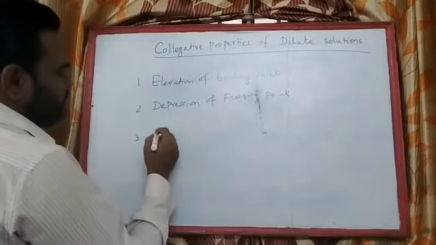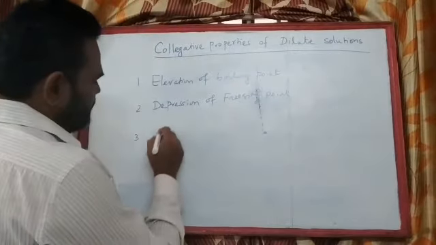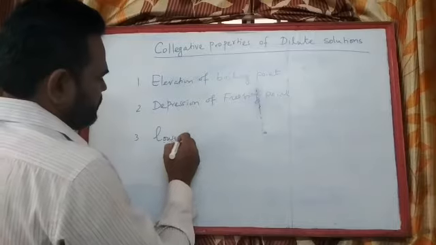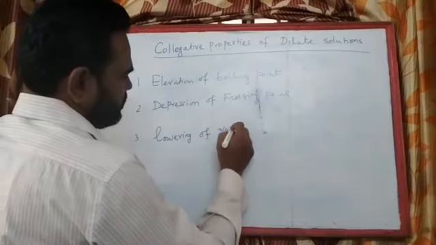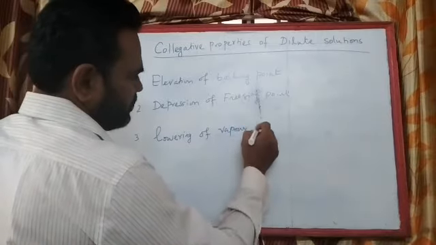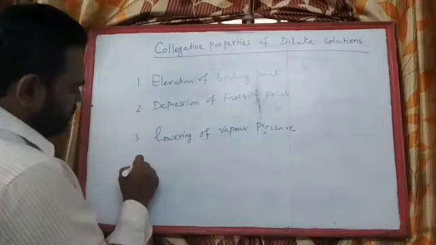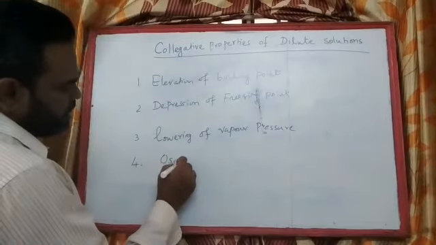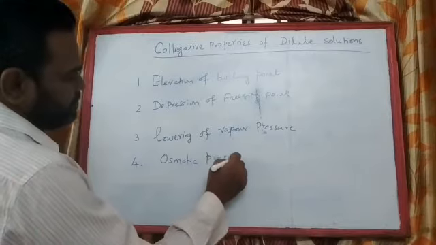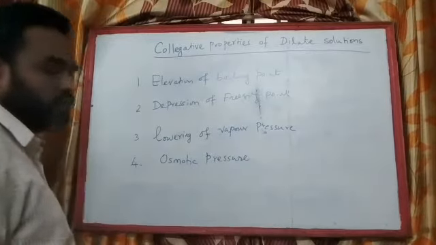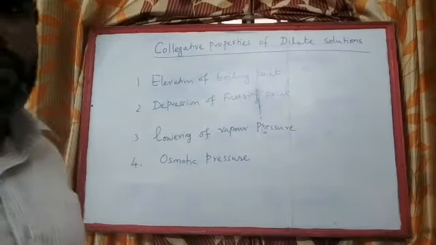Number 3, lowering of vapor pressure. And number 4 is the osmotic pressure. These 4 are the colligative properties.